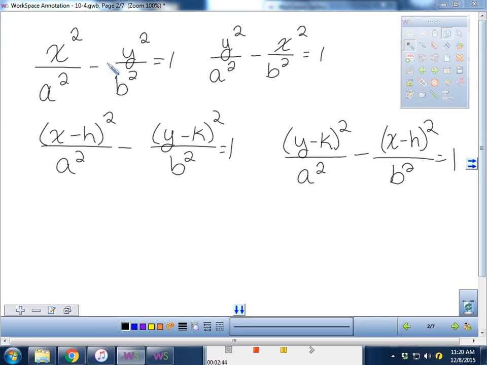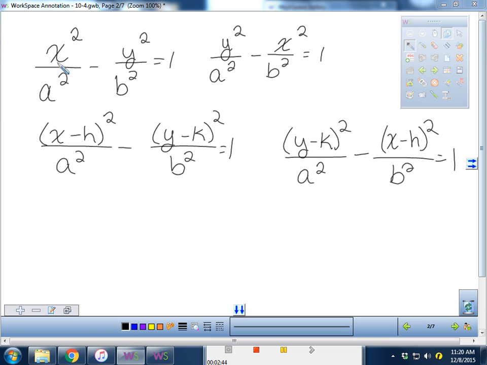If you'll notice, these look really similar to ellipses, except it has a plus sign. So we still have the a's and the b's. The other thing that's different is that x is listed first here, but it's listed second here, and y is listed first. This is the biggest difference between an ellipse and a hyperbola.